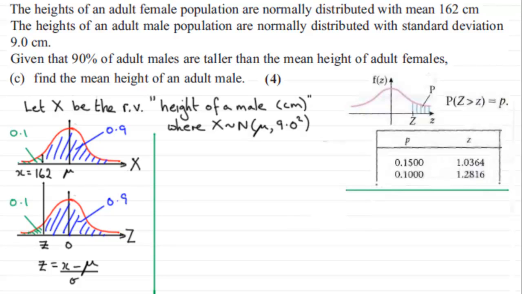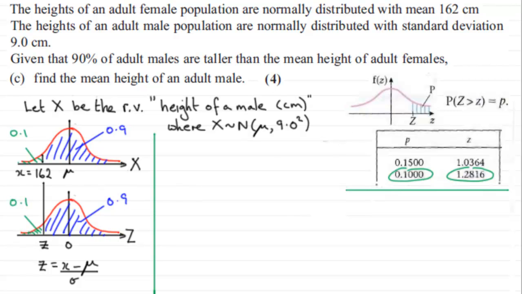Okay, so what I'm saying is that if p has an area of 0.1, then the corresponding z value would have been 1.2816. That would have been the z value here. But now I just mirror it over the other side and it becomes minus 1.2816.